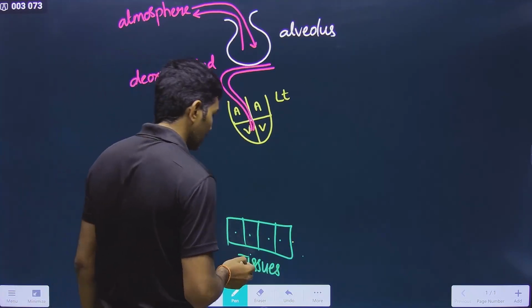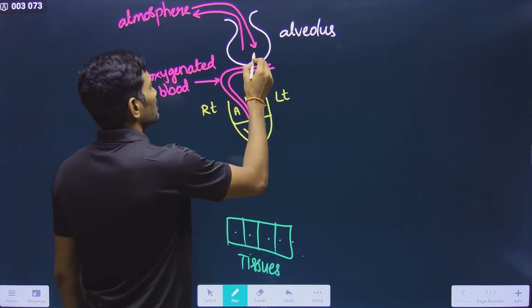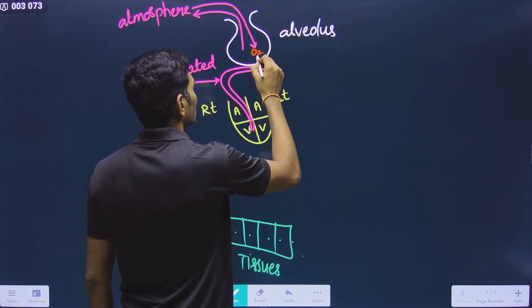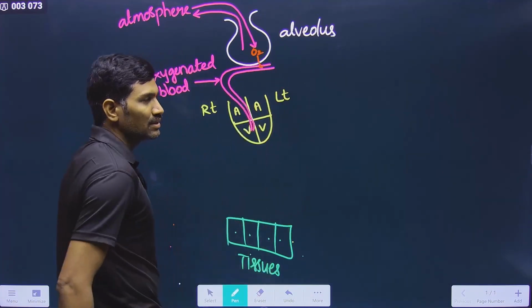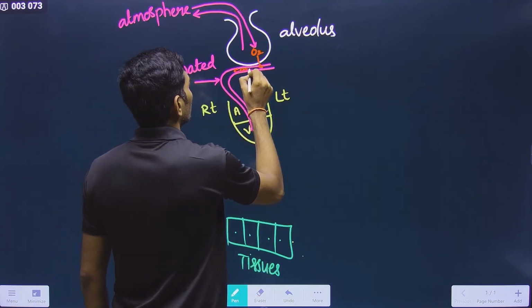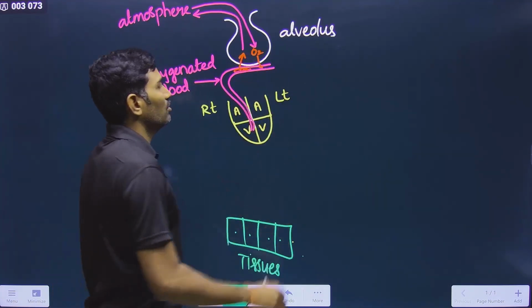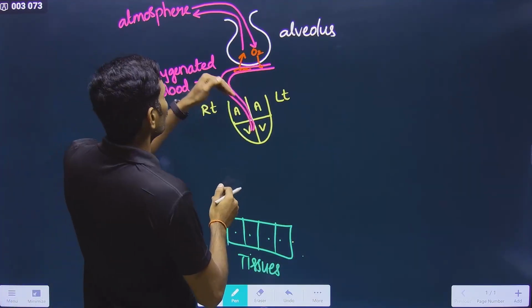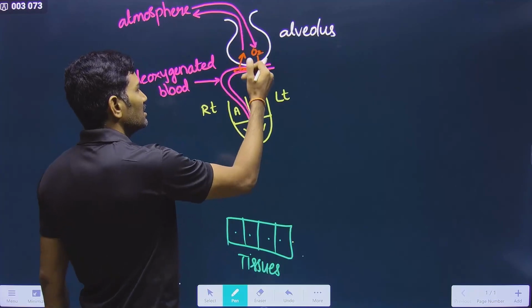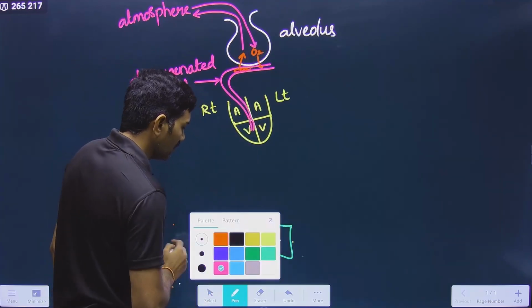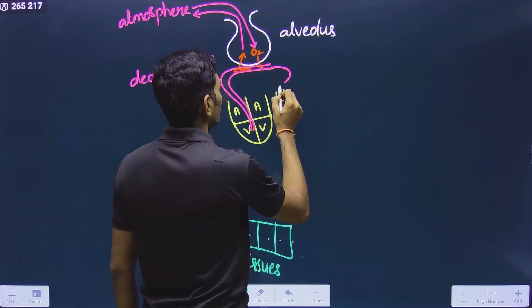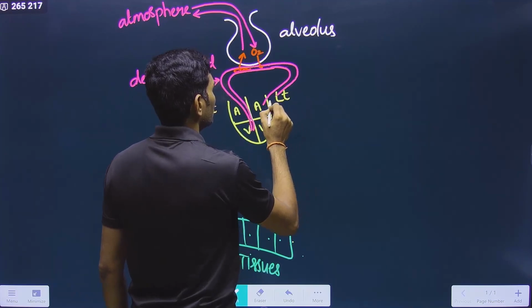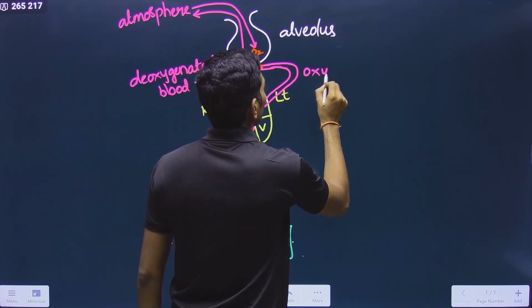At the alveoli, oxygen from the lungs will enter into the blood circulation, and CO2 from the blood circulation will go into the alveoli. Once CO2 is removed and oxygen comes in, it becomes oxygenated blood. And this is the oxygenated blood.